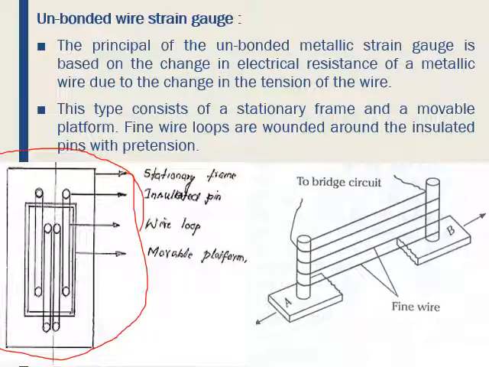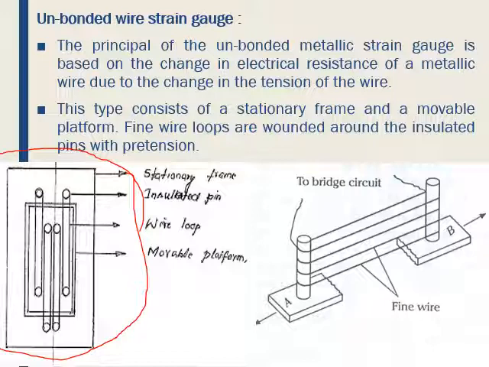The resistance filaments under tension are wrapped around electrically insulated pins. Please connect yourself to the figure so that what I am explaining you can understand from those points in the figure.